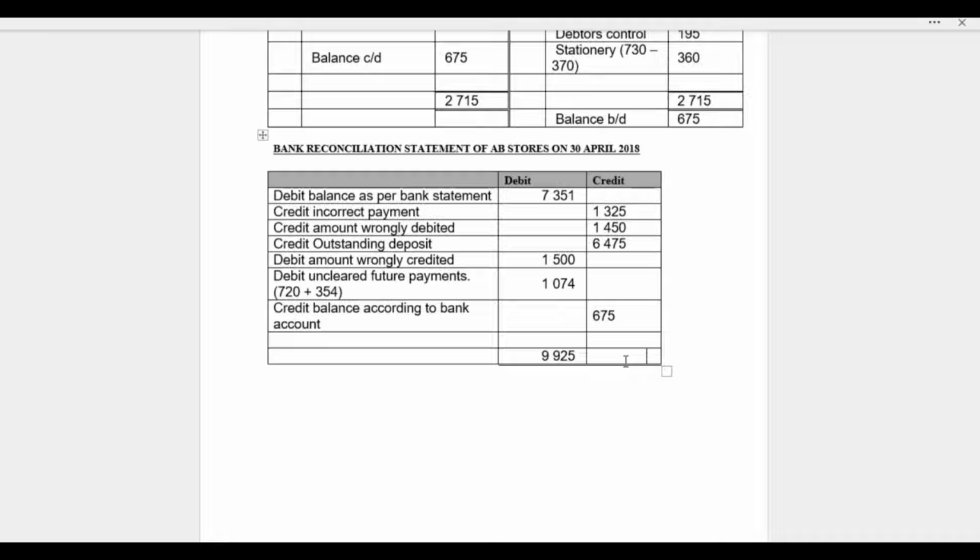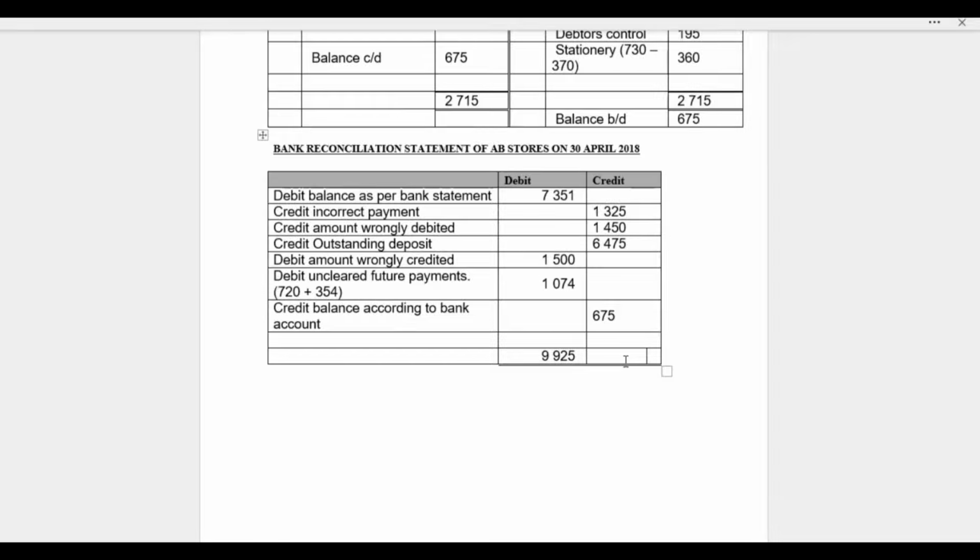Our bank reconciliation is reconciling with the bank account now, right? So let's see, 1,325 plus 1,450 plus 6,475 plus 675.